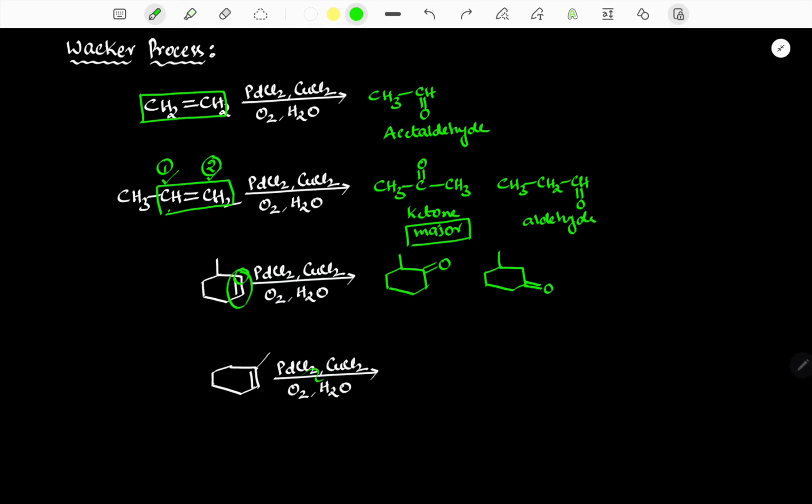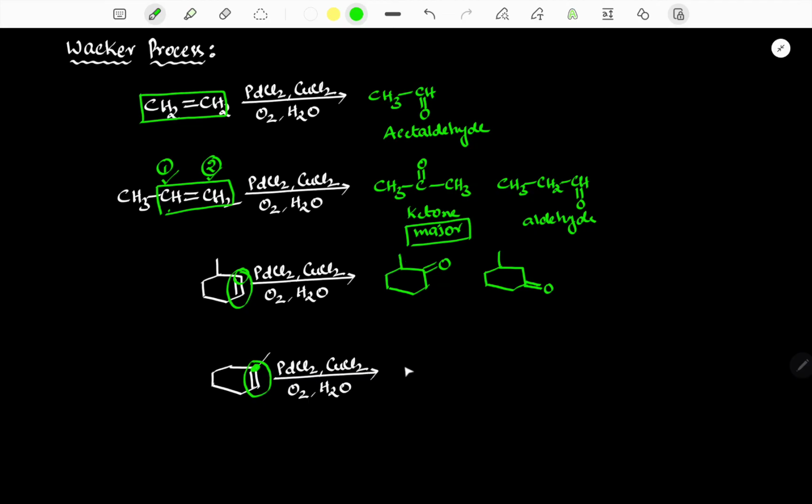When an alkene is treated with PdCl2, CuCl2, O2 and water, we have to add double bond O at the alkene position. This carbon is a tertiary carbon, so we cannot add double bond O here because the carbon already has three bonds. If we add a double bond extra, then the carbon gets five bonds, so that is not possible.